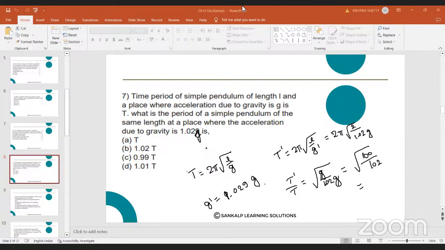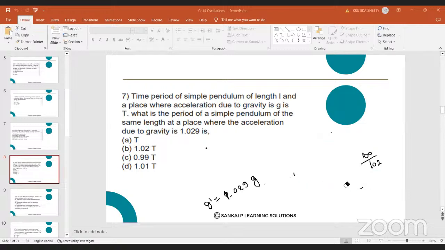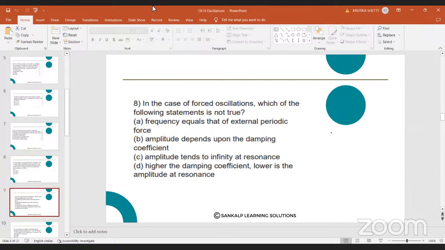Okay, so let us go for the next question. Yes, the next question is, in the case of forced oscillations, so as I told you, damped oscillations, forced oscillations.